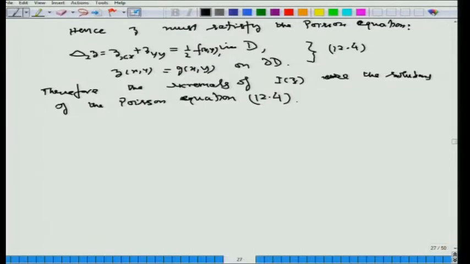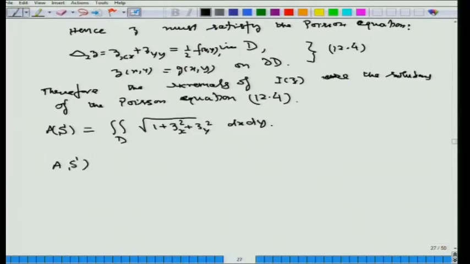Now, we consider here the example which we had mentioned in the first few lectures, that the surface area of this is given by the double integral of square root of 1 plus z x square plus z y square d x d y. Just recall that we know the surface area of S is given by the following.